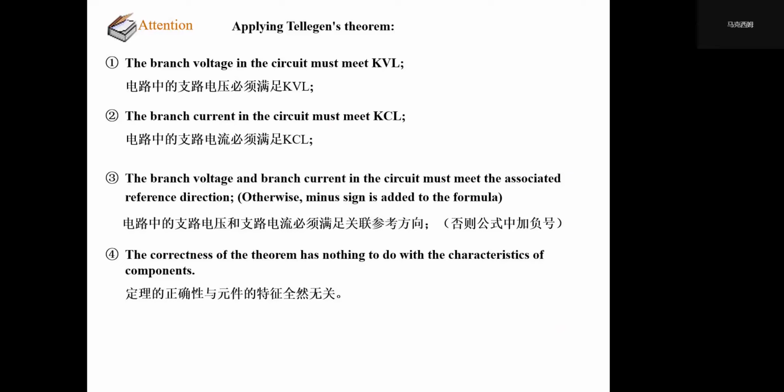So this is what we have to pay attention to: the branch voltages must meet KVL, the branch currents must meet KCL, and the branch current and branch voltage must take the associated reference direction. Otherwise, we have to put a negative sign before those branches that do not take the associated reference direction.